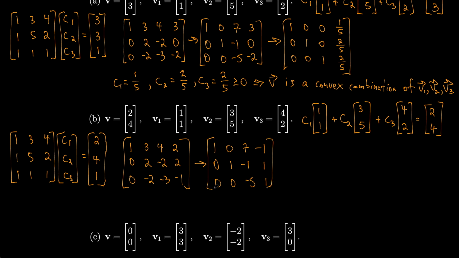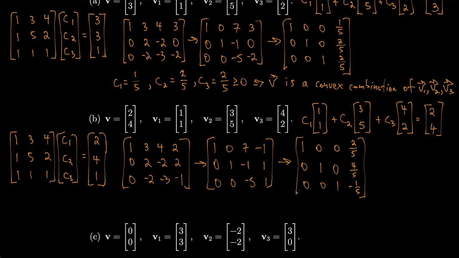So we have leading 1 there now, and let's get this minus 5 to be a 1, so we will get 1, 0, 0, 2/5, 0, 1, 0, 4/5, and 0, 0, 1, minus 1/5.